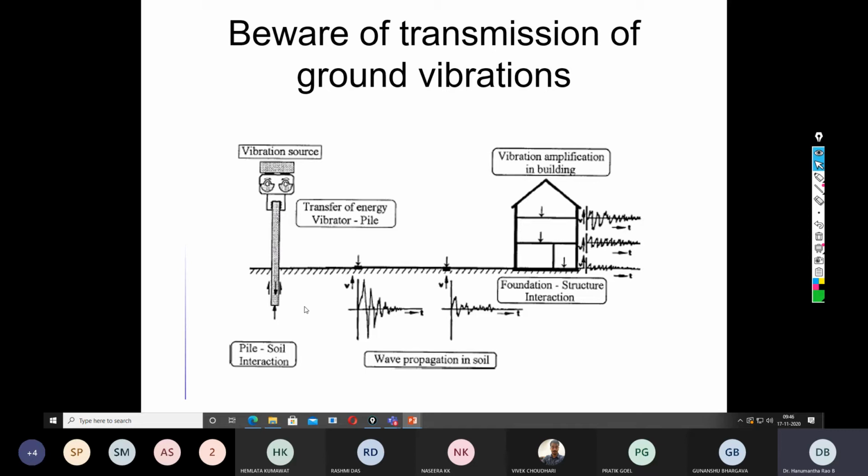Of course, we can expect some kind of dampening or dissipation in the energy, but still there is some amount of energy which gets propagated in the form of a wave. So just imagine that an adjacent building is not designed for that particular propagation of wave, wavelength or amplitude. Then there is a possibility of collapse of the adjacent structure during the vibroflotation technique. So therefore you need to be a bit cautious.